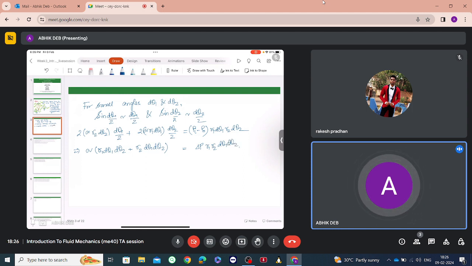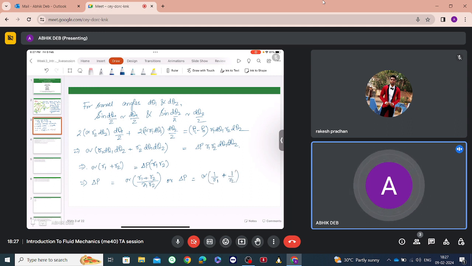So the angles will cancel from both sides, and we will reach this equation: sigma times (r1 plus r2) is equal to delta P r1 r2. So delta P is equal to sigma (r1 plus r2) by r1 r2, or we can say that delta P is equal to sigma times (1 upon r1 plus 1 upon r2).